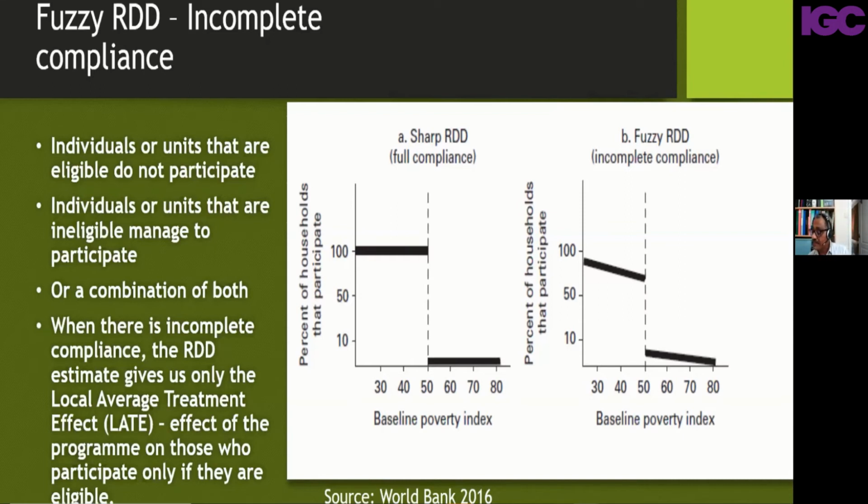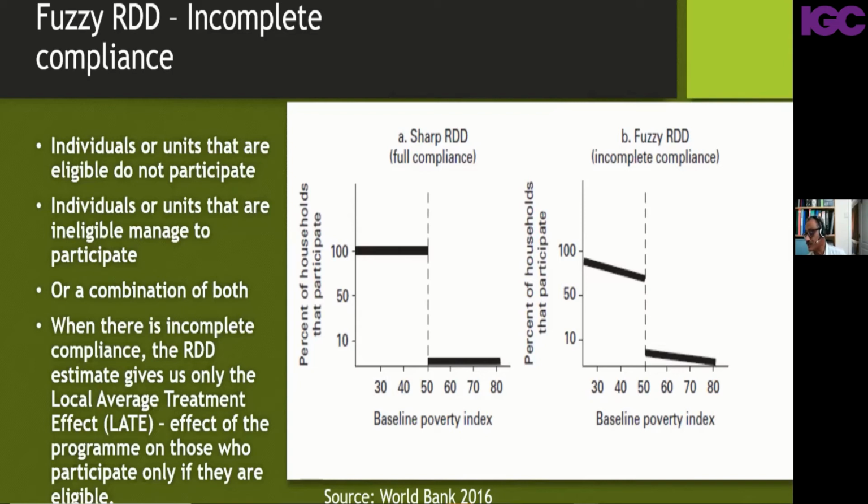So when you have incomplete compliance, the RDD estimate gives you what is called the local average treatment effect. That is, it gives you the effect of the program on the compliers, those who participate only if they are eligible.